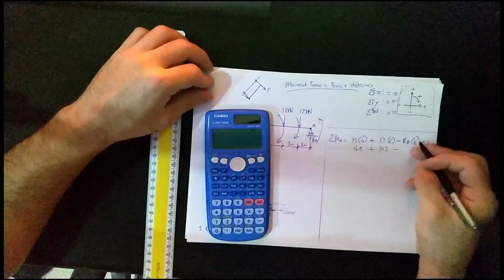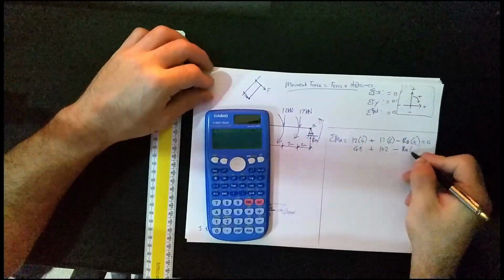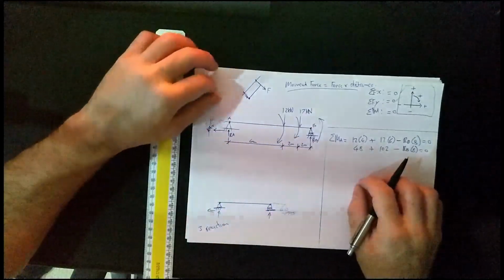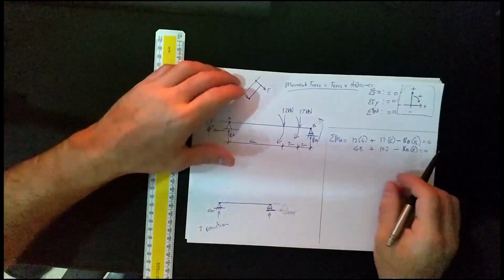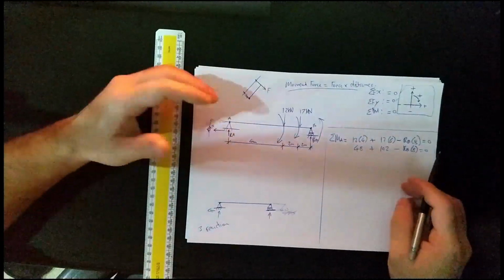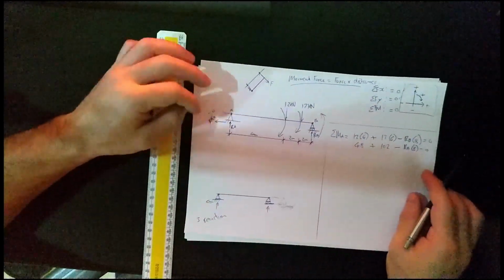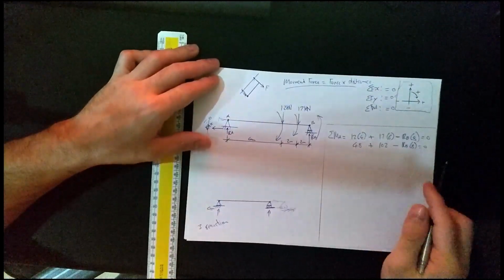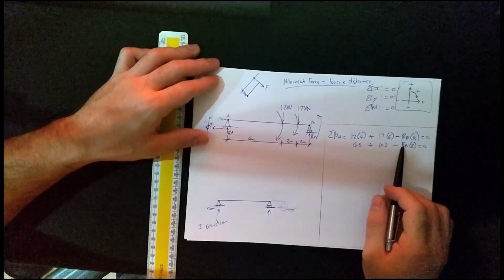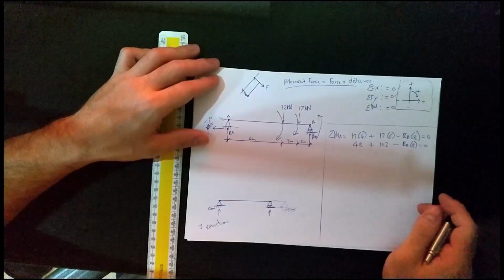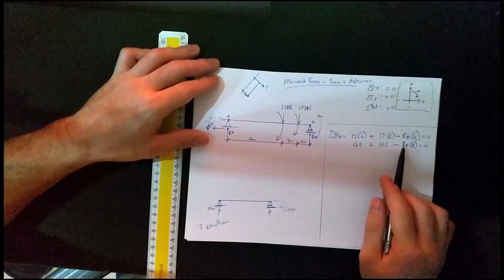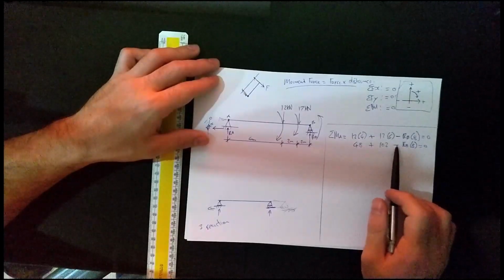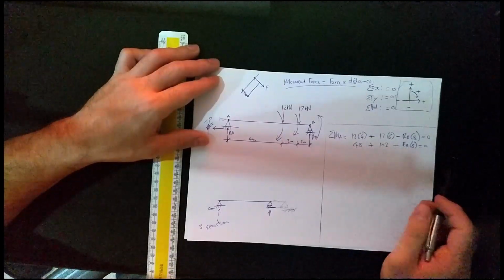And minus RB times 8 equals 0. Now, I'm not sure what point everybody's at, but you should know by now with these formulas. If you want to find an unknown, you swap it onto the other side of the equal sign. And if you want to change the side of the equal sign, you change the sign, i.e. negative or positive.